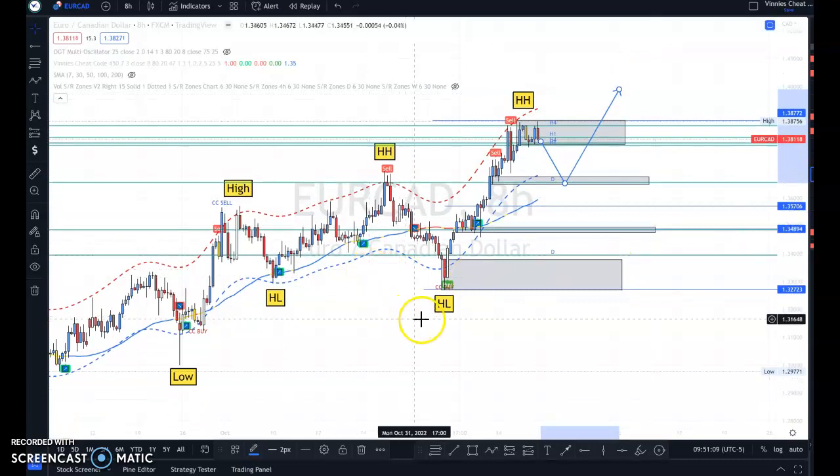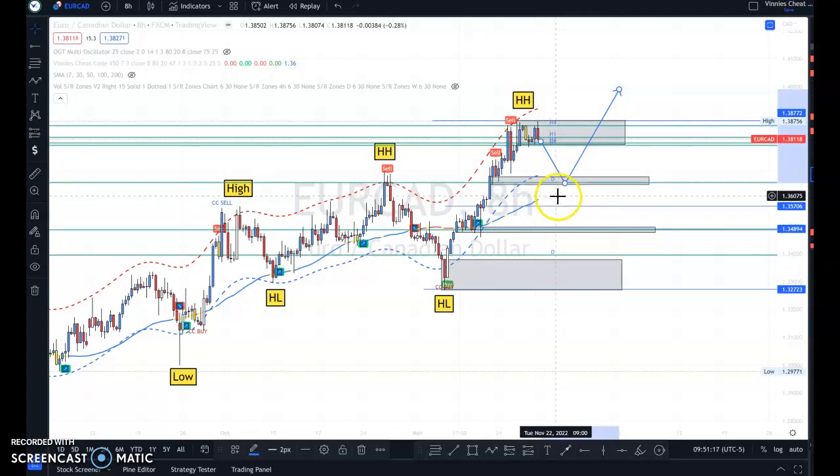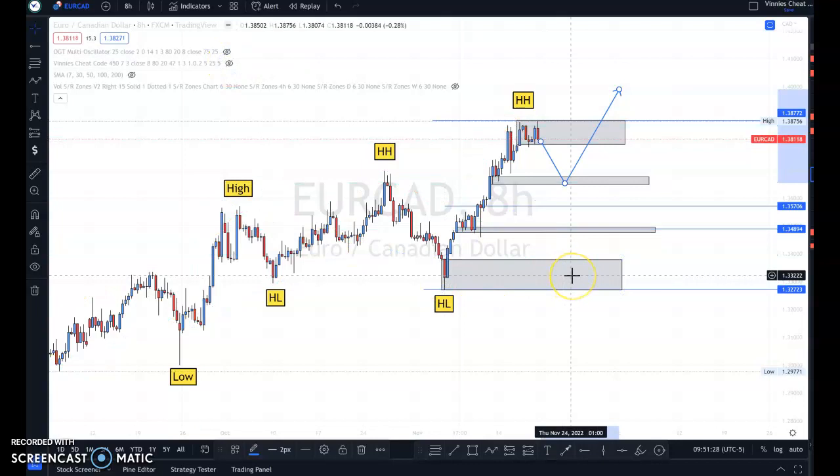All we're looking for is for price to pull back to create a higher low. We're looking for a cheat code buy signal, and once that happens, we can look to trade in the direction of market structure or the trend, which is bullish right now. That's all we're looking for here.